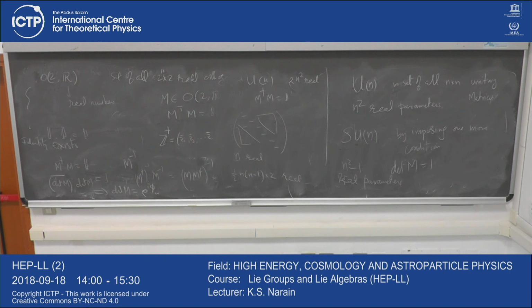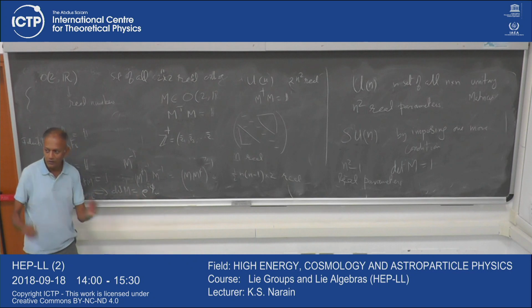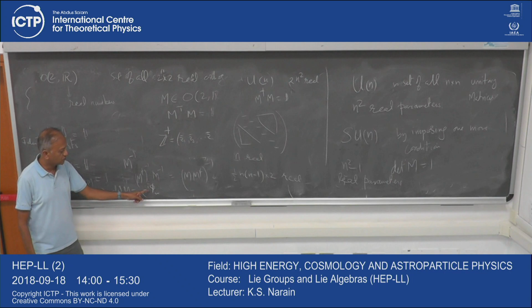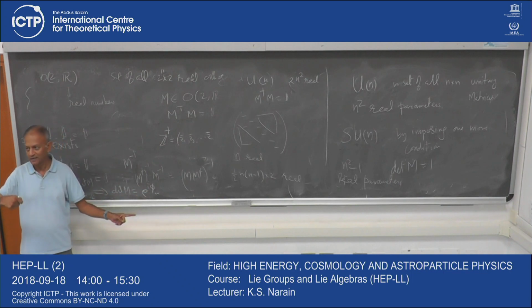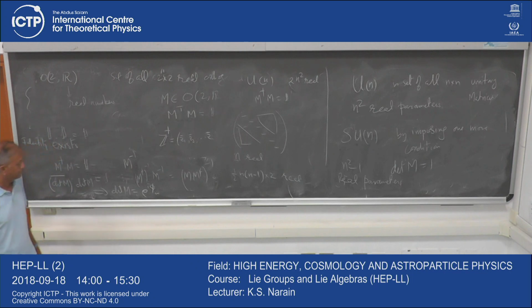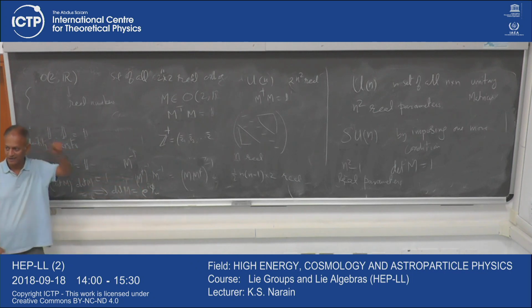Its length is always 1, right? The phase e to the i phi, mod squared, is 1, because the complex conjugate of e to the i phi is e to the minus i phi. You take the product, it is 1. This is just a circle. As the phi changes, it's a unit circle.